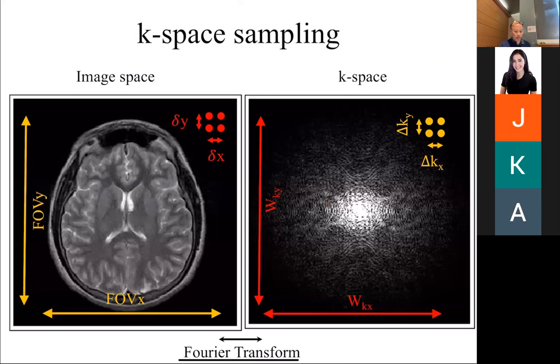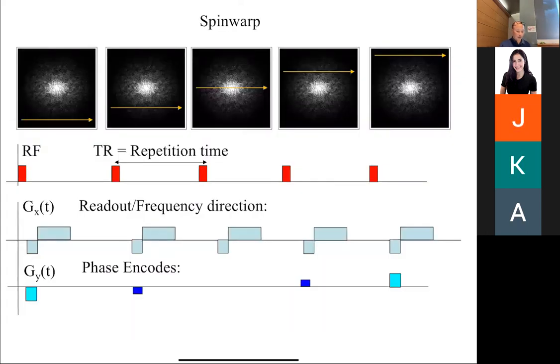So those are the general principles of sampling in K-space. Now we're going to apply them to the spin warp pulse sequence. Remember, this is what spin warp looks like. We have the RF pulse, TR is our repetition time. We play out this gradient on GX each time, and then we change the amplitude of the phase encodes such that we go line by line through K-space.